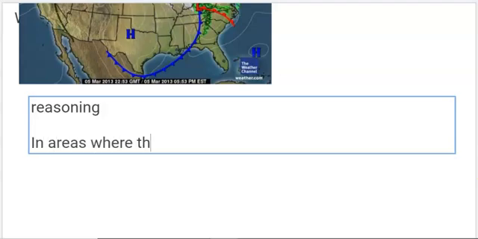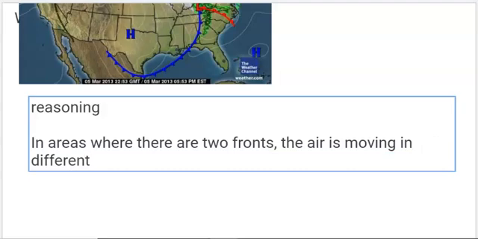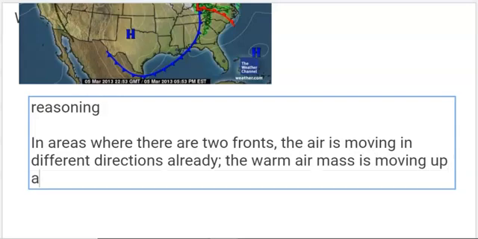So my reasoning is going to start something like: in areas where there are two fronts, the air is moving in different directions already. I'm going to do a semicolon to master writer here. Two different motions already. The warm air mass is moving up, and the colder air mass is moving, I guess, kind of to the right.